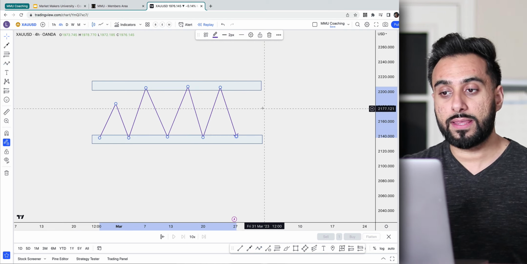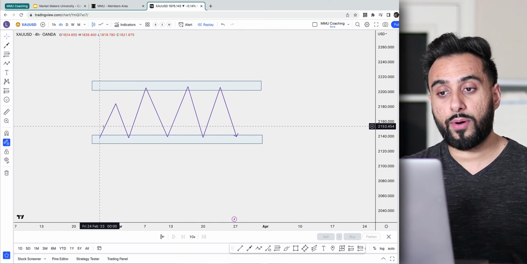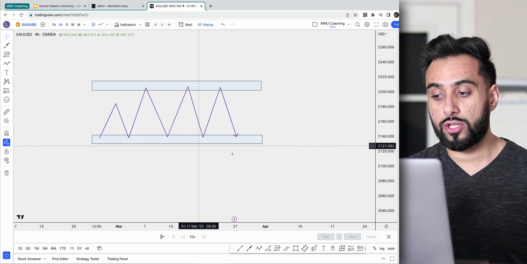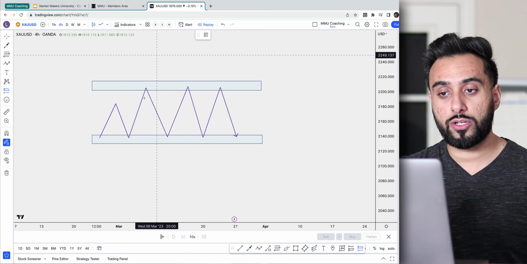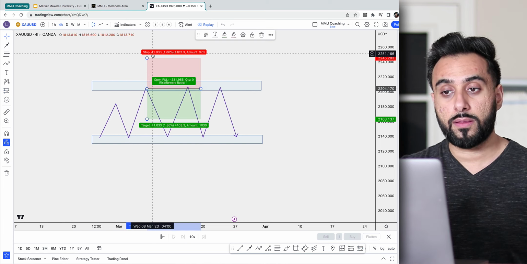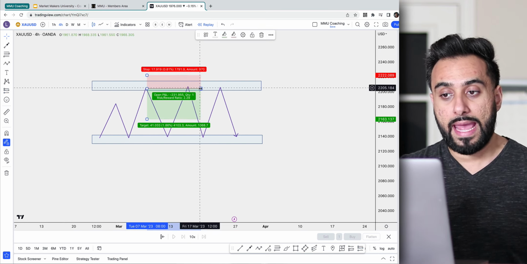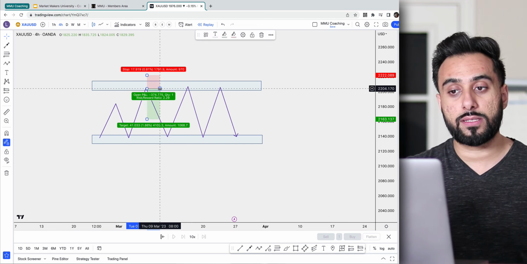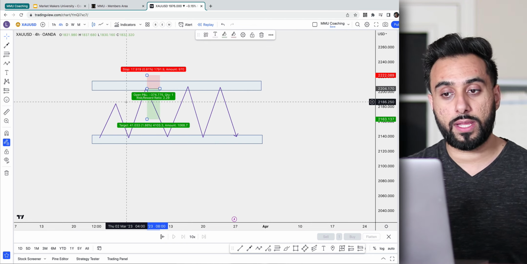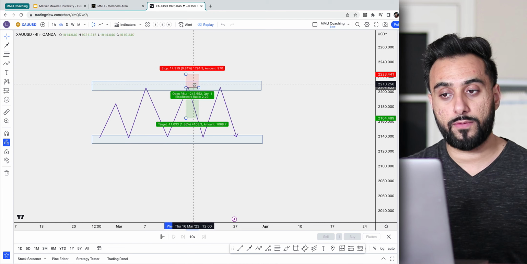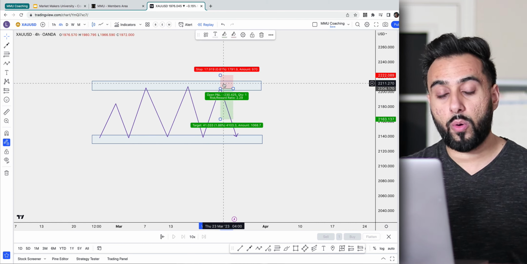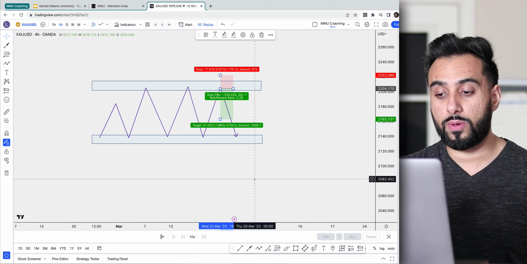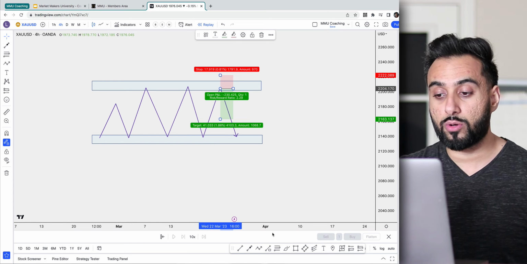The way we would trade this is once the price approaches the top of the range, you would want to look for areas where you can enter a sell, where you could short the market from the top. And if you want to increase your chances of these trades working, entering a sell at the top of these ranges, you can employ candlestick patterns to increase the probability that the trade will work in your favor.